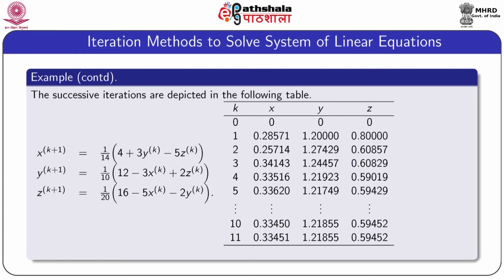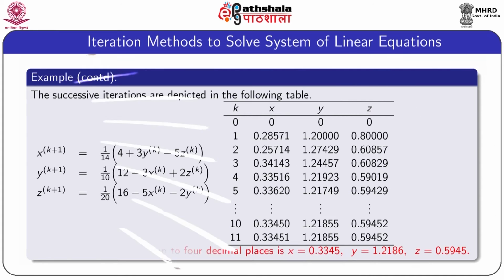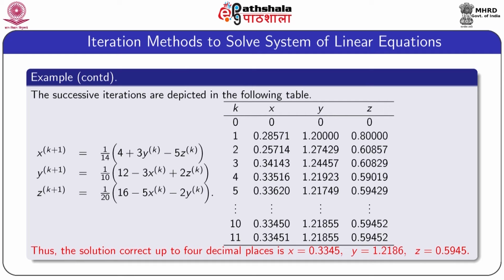So we can conclude that the iteration scheme converges to the desired solution, and the solution of the system of equations is x equal to 0.3345, y equal to 1.2186, and z equal to 0.5945, correct up to 4 decimal places. So this is the final solution of the given system obtained by Gauss-Jacobi's iteration method.